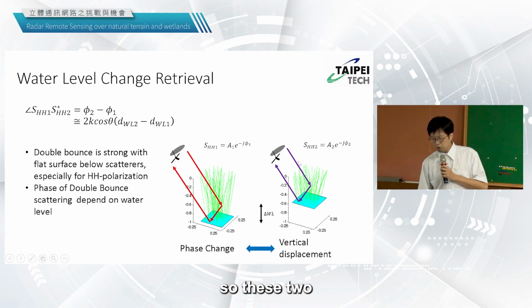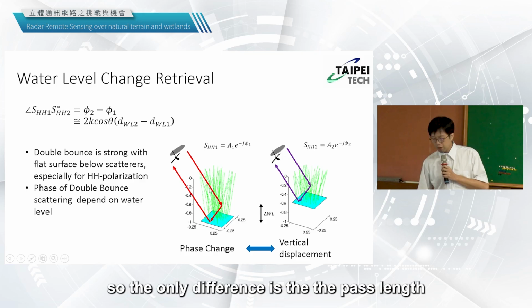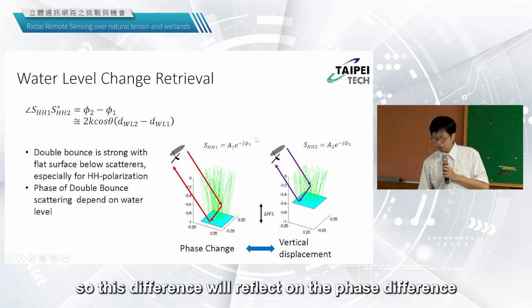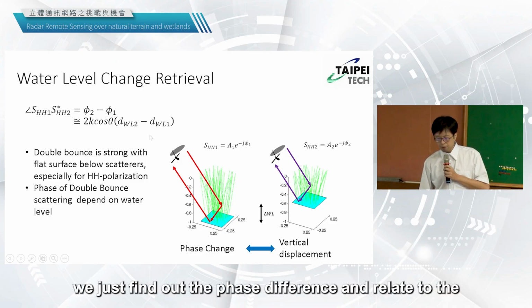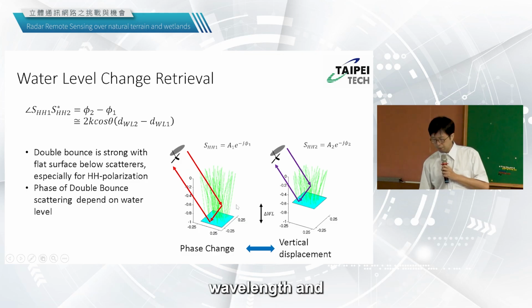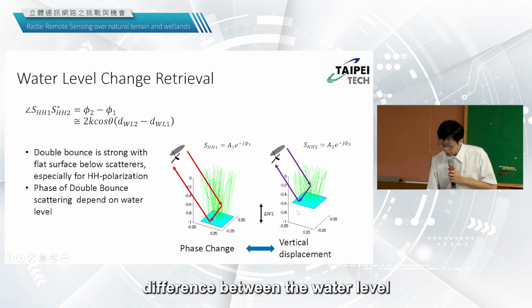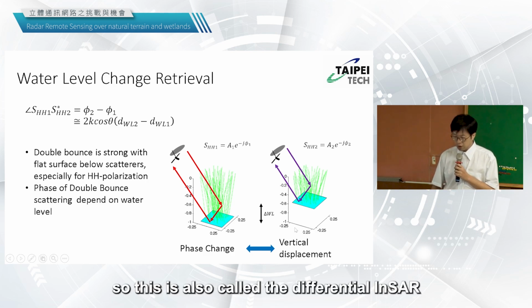If it's the same pixel, the only difference is the path length. So this difference will reflect on the phase difference. We just find out the phase difference and relate it to the wavelength, and we can know how much difference there is between the water levels. This is also called differential InSAR.